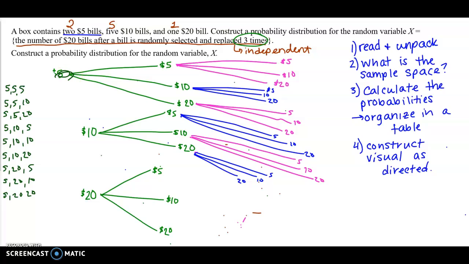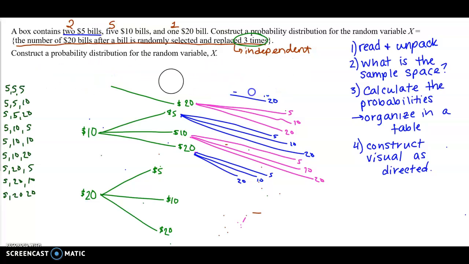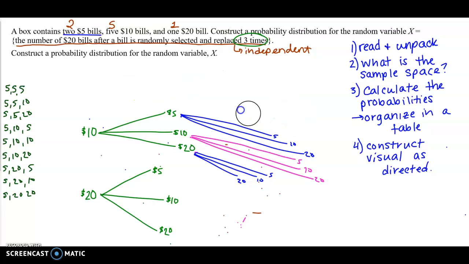Systematic. And we know we have 27, right? There are ways around this, but if you want to guarantee you have everything, then you can list them all out.